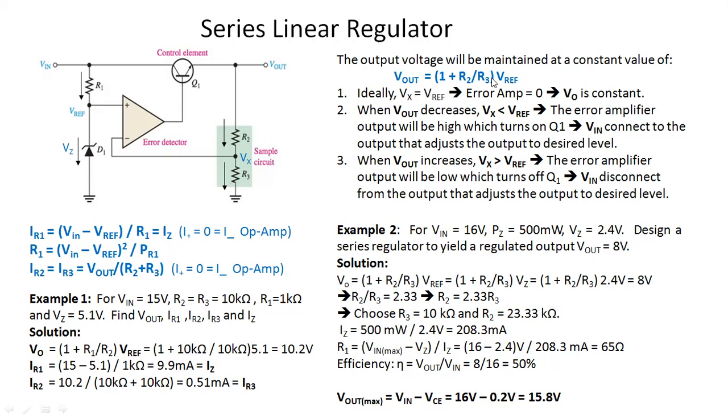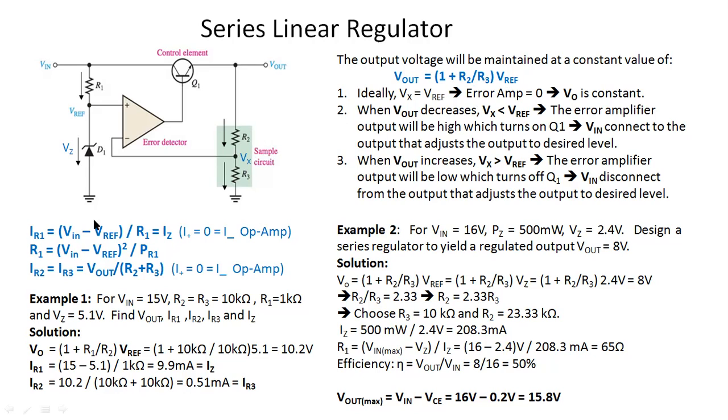That is what we get by using the voltage divider rule. If you simplify that, you can write the equation as V out equal to 1 upon 1 plus R2 upon R3. Same equation. What equation will you get? If you take 1 plus R2 upon R3, you will get R3 plus R2 upon R3 into VREF. So if you solve for the output voltage using this two resistor voltage divider circuit, you get the equation 1 plus R2 upon R3 into VREF.